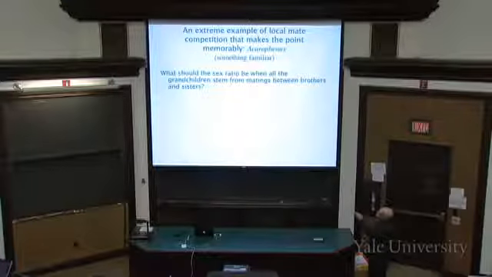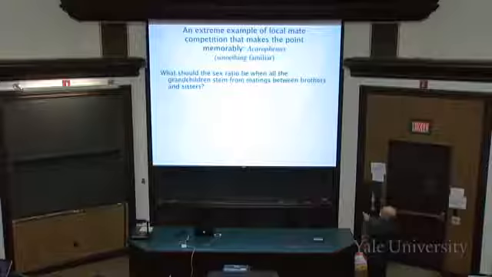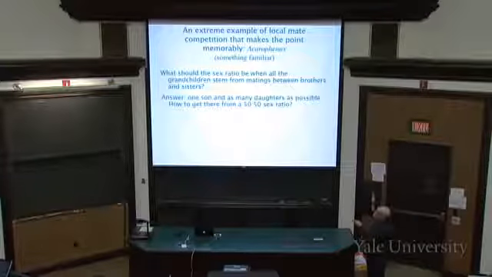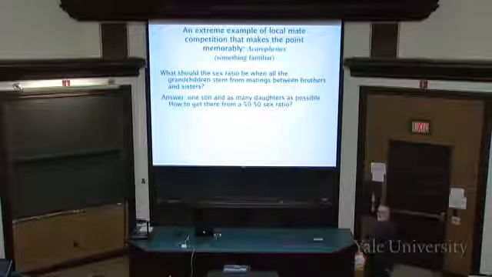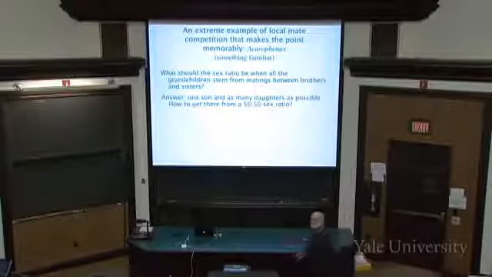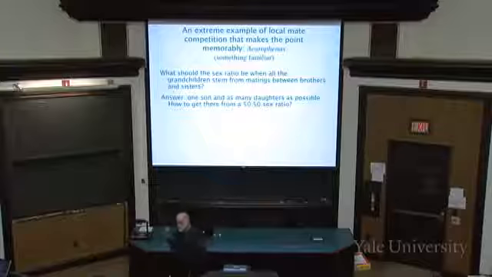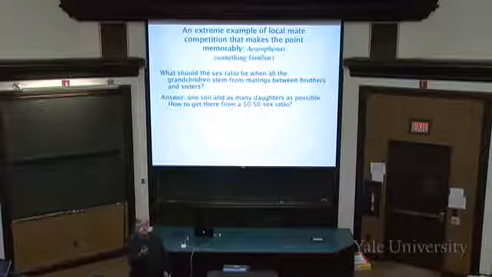So what would the sex ratio be if all of the grandchildren stem from matings between brothers and sisters? Well, you would make one son and as many daughters as possible. And to get there from a 50-50 sex ratio, you can go stepwise.